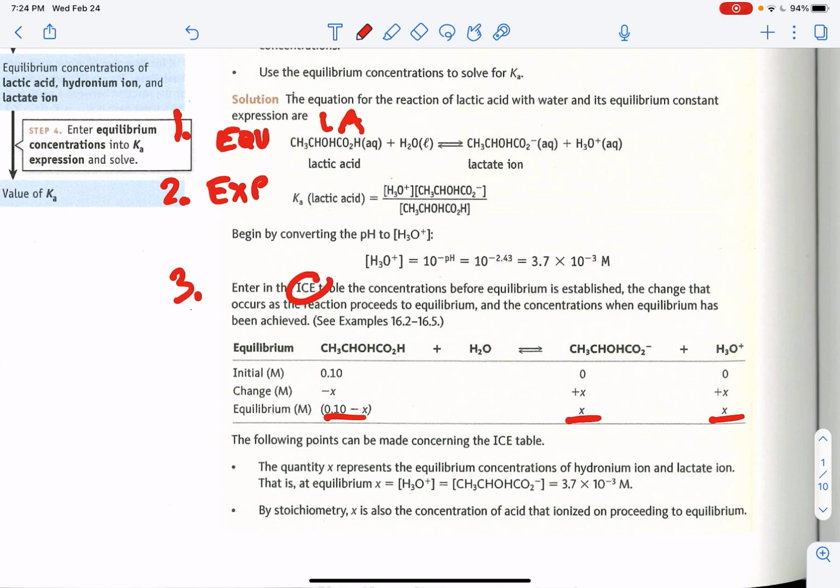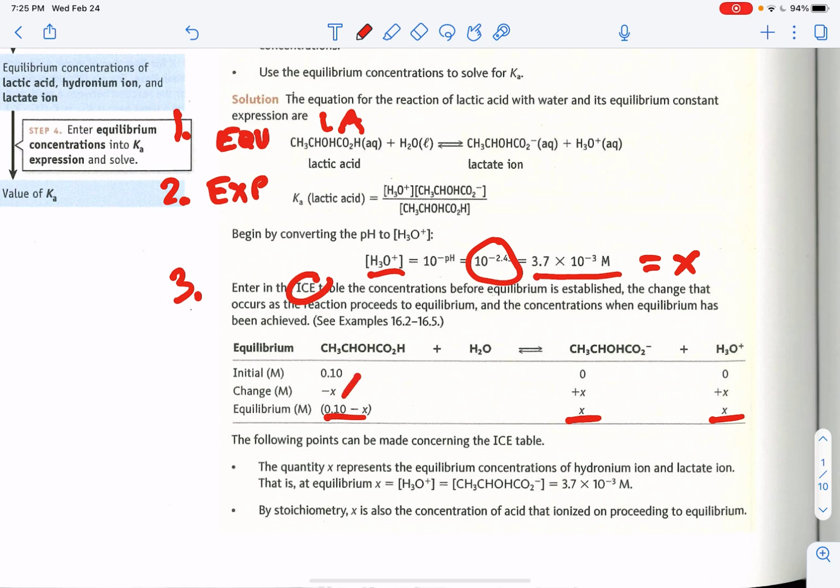So in order to find the hydronium ion molarity, that's 10 to the negative 2.43, which gives us, there's my molarity. That's the value of X in the ice chart. That represents how many of your lactic acid molecules are going to split up.